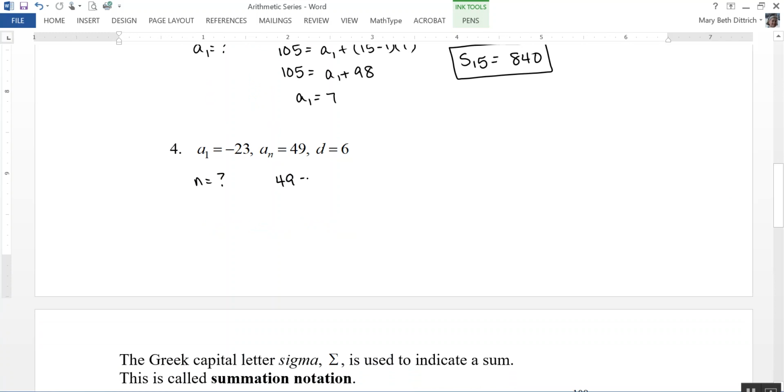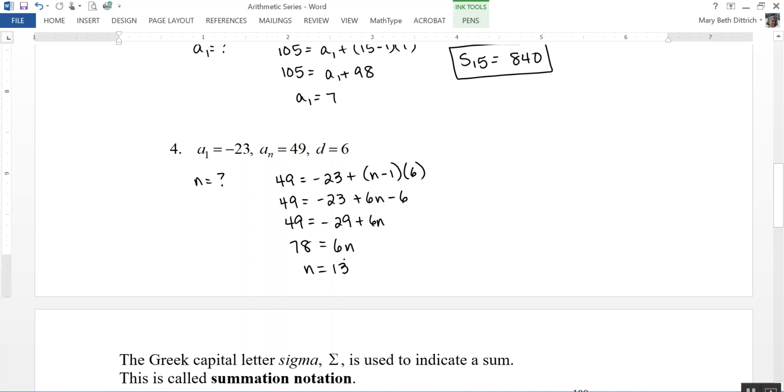So a sub n equals a sub 1 plus n minus 1 times 6, or 49 is equal to negative 23 plus 6n minus 6, negative 29 plus 6n, or 78 equals 6n, or n equals 13.